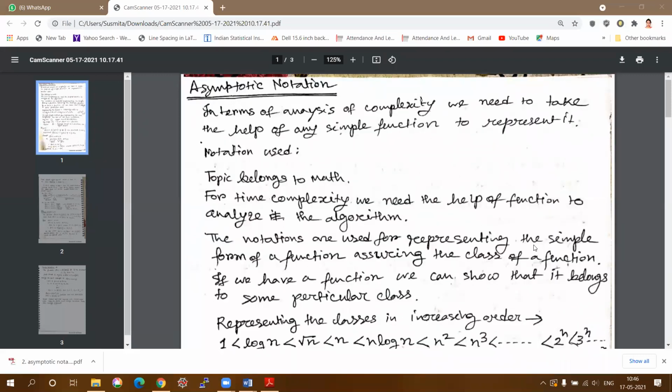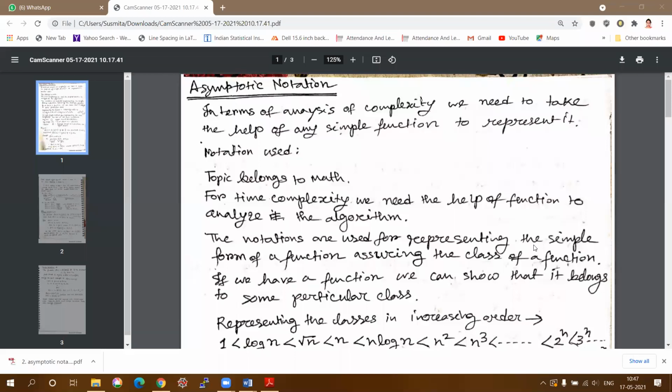So in asymptotic notation, as we discussed, we take help of asymptotic notation, that is a functional representation and part of mathematics, to represent the complexity of an algorithm. That complexity may be time complexity or space complexity. And these are a kind of function.